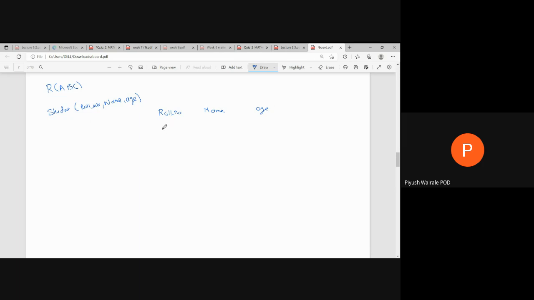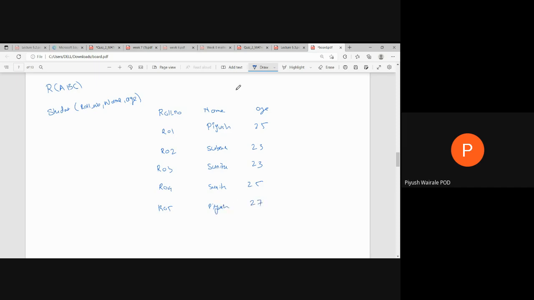Roll number R01, name Piyush, age 25. R02 is Subhendu, 23. R03 is Sunita, 23. Then roll number R04 is Sunita, 25. Again roll number R05 is Piyush, 27.